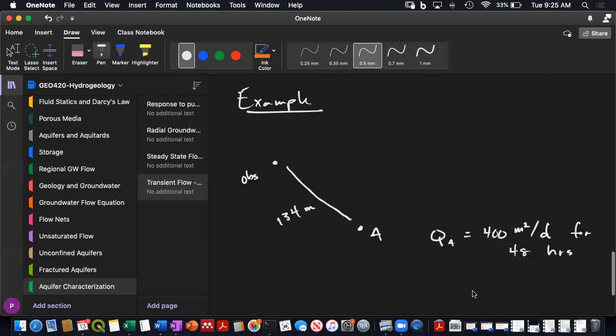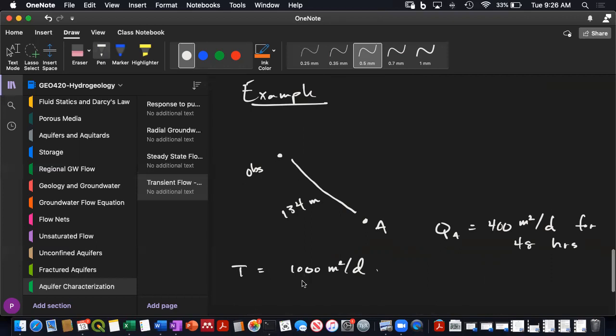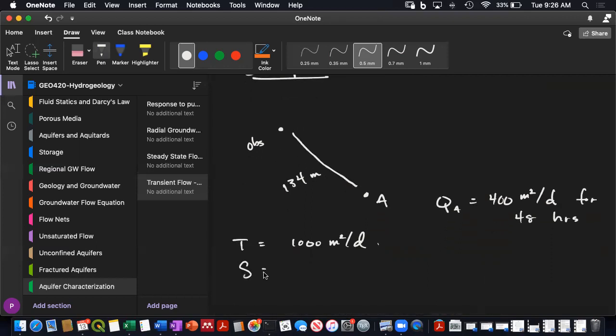The transmissivity of this aquifer is 1,000 meters squared per day. And the storativity is 8 times 10 to the minus 5.